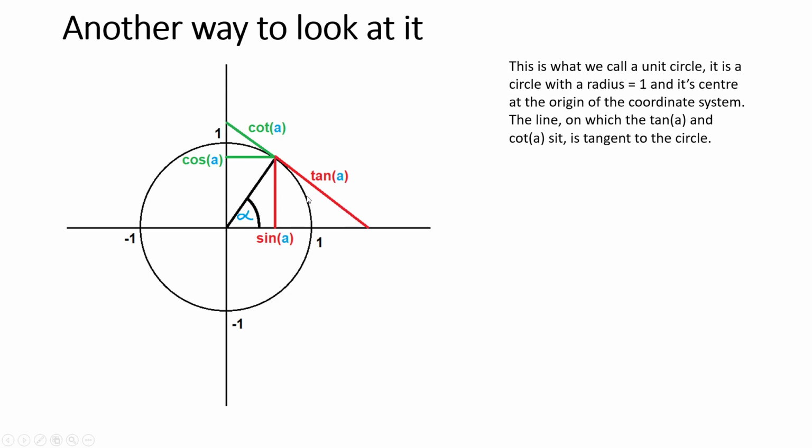So tangent alpha will be just the opposite, which is the longer red line, which you may also easily see. The cotangent alpha is adjacent by opposite, and the opposite is here just 1. So cotangent alpha will be just the adjacent. Yeah, so it's the green line.